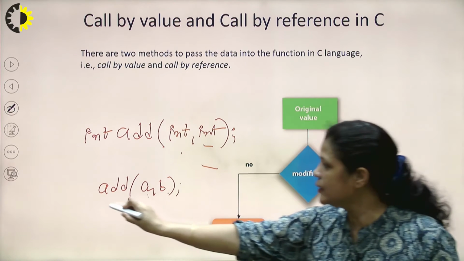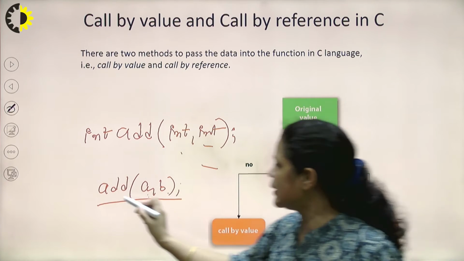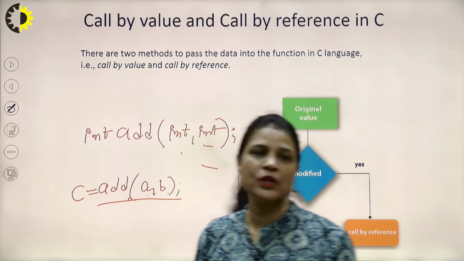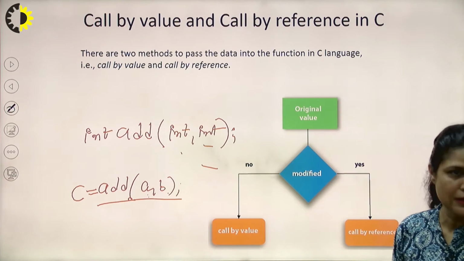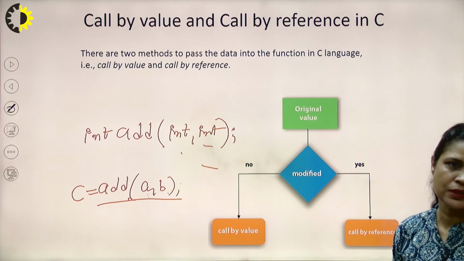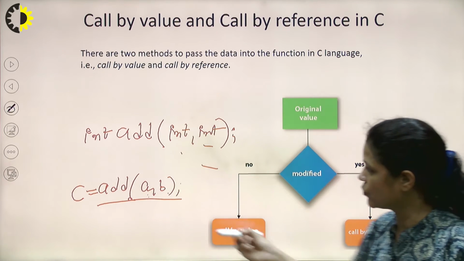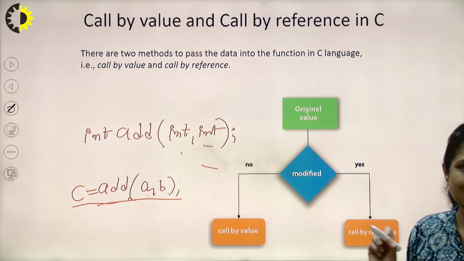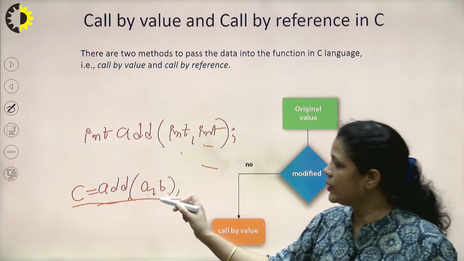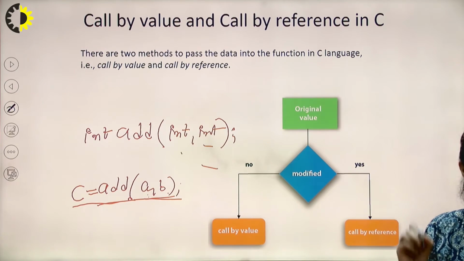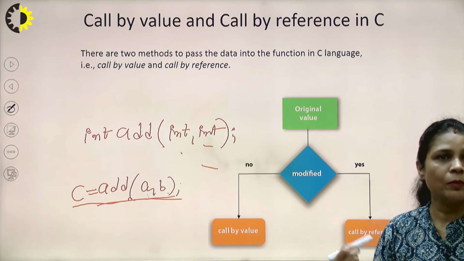When my function is returning something, let's suppose we are taking a variable of integer type, that is c, to store the result we are getting from add. So this is the function calling. At this time we can say we are calling a function by value. In all previous examples we have done call by value.